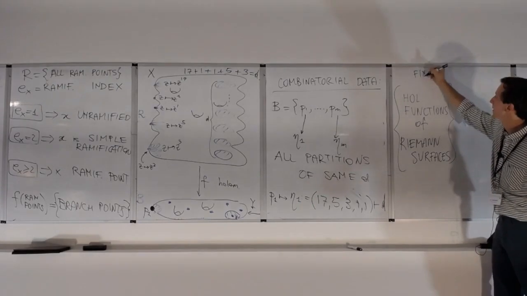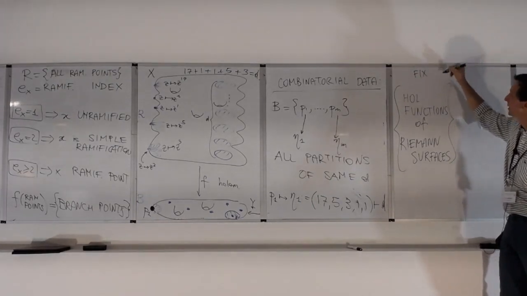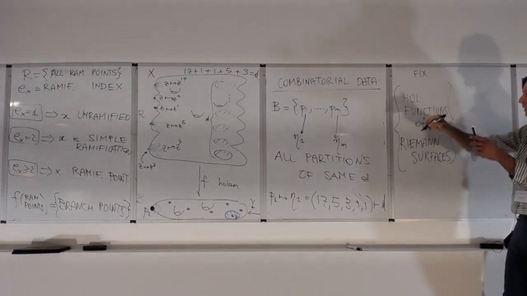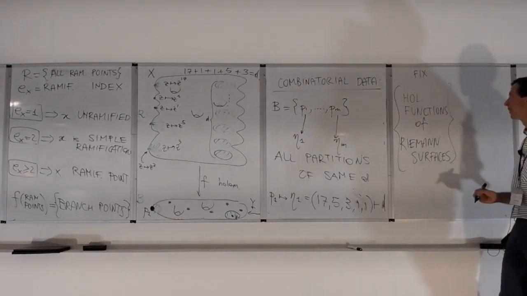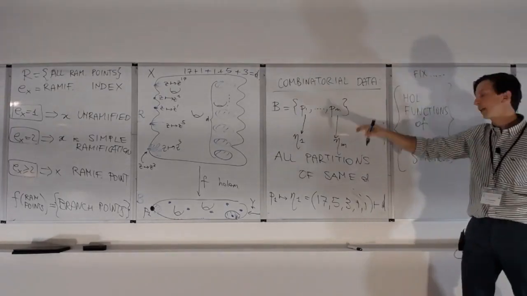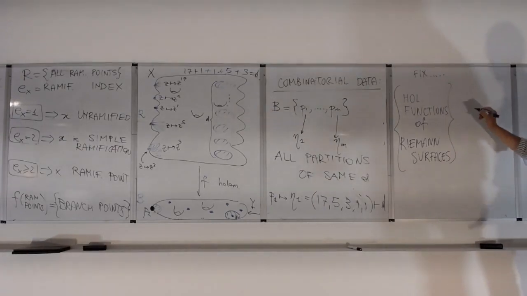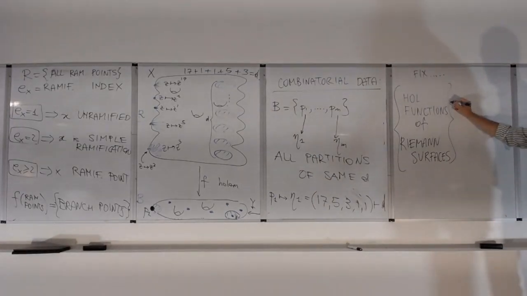You have to fix the genus upstairs, the genus downstairs, the branch points, and so on. So you have to fix many of these ingredients.